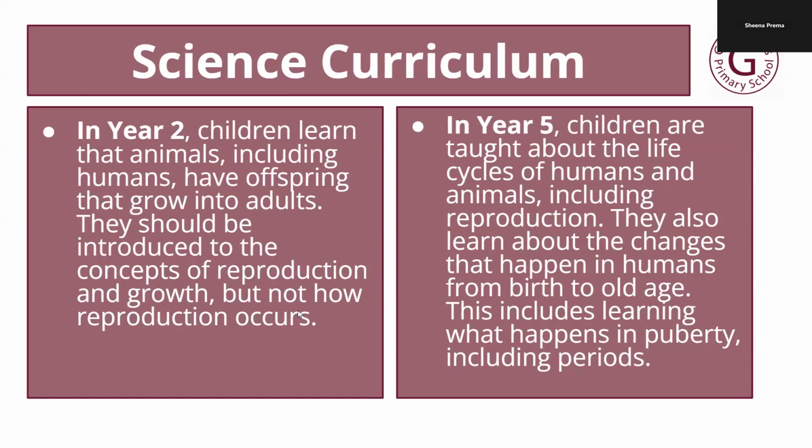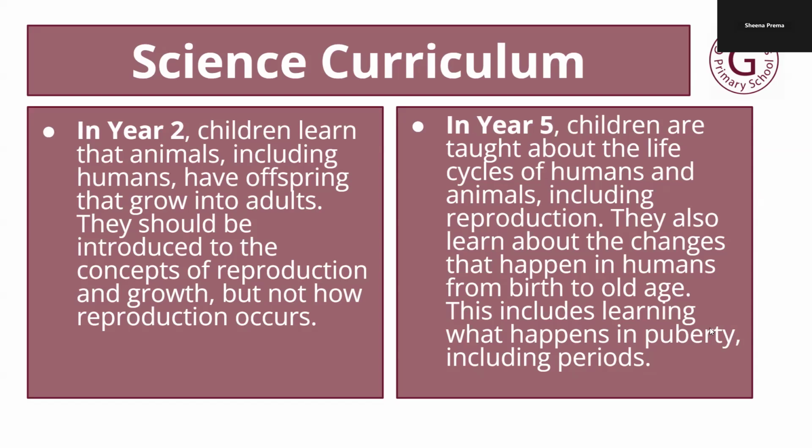I mentioned that the children have to take part in the science curriculum. Specifically, what they have to learn in year 2 is that animals, including humans, have offspring that grow into adults. At that point, they're introduced to the concept of reproduction and growth, but not how reproduction occurs. Then in year 5, children are taught about the life cycles of animals, including reproduction.